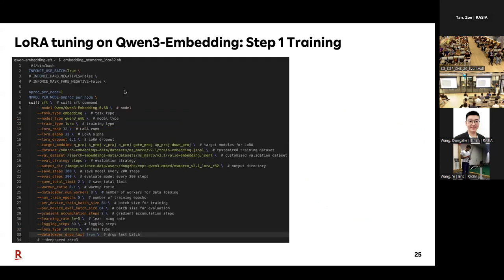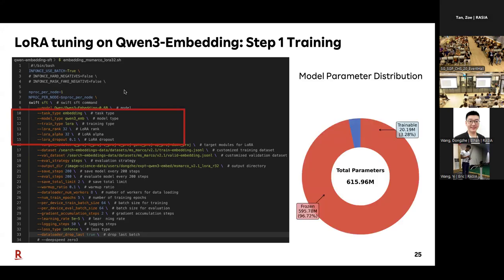On the other hand, if we trigger this LoRA tuning using Qwen3 on Swift, as I highlight here, you can specify LoRA, and then instead of doing full SFT, let's see what we have.